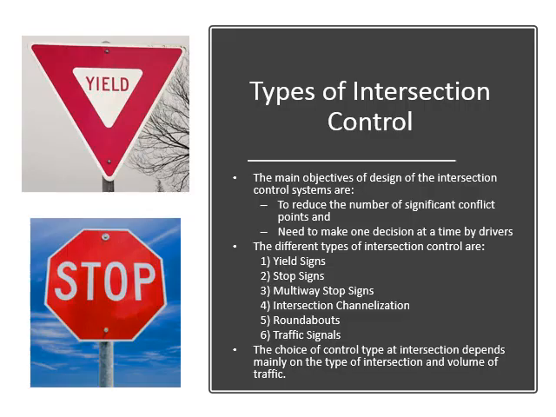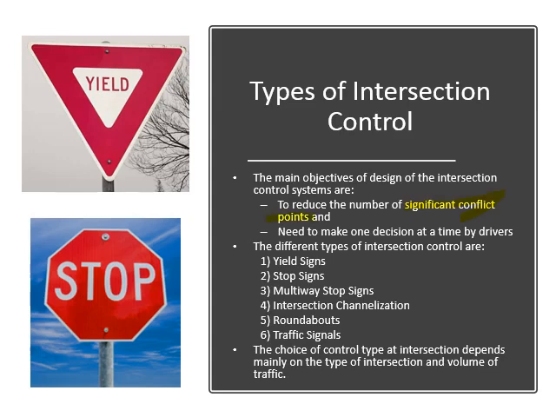What type of intersection control devices do we have? First of all, you have to keep the objectives in mind when you are putting the devices. The first objective is to reduce the number of conflict points. And we discussed earlier, conflict points are those points where two vehicles can meet each other.